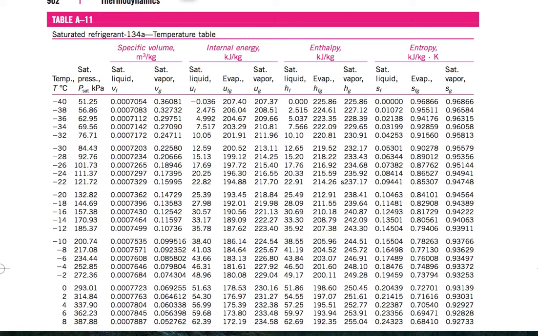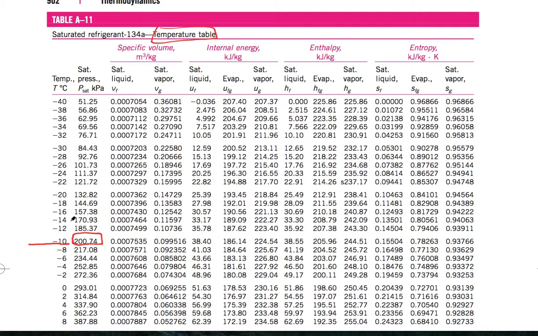Okay, so I use the saturated refrigerant 134A table, and we use the temperature table. And we look for the temperature, minus 10 degrees Celsius. Then the second column is the saturation pressure.